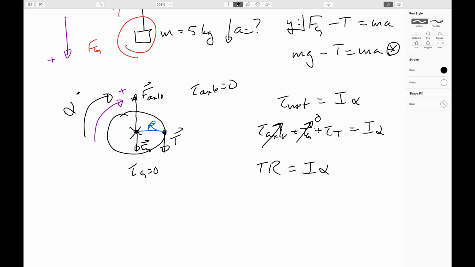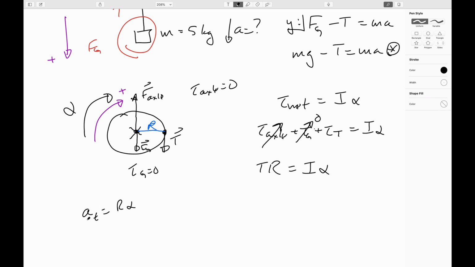And then we remember that the tangential component of acceleration was equal to r alpha.